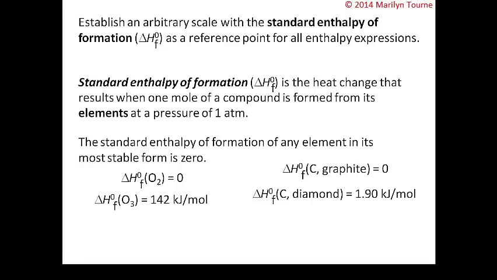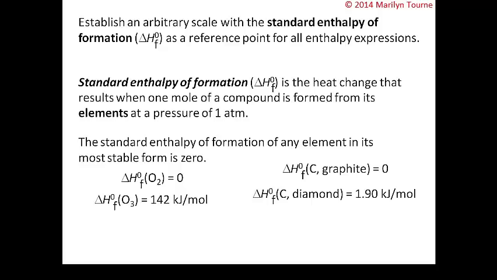The sea level reference point for all the enthalpy expressions in chemistry is called the standard enthalpy of formation. Substances are said to be in their standard state at 1 atm, and hence that's the term that we use, standard enthalpy. The superscript little circle represents the standard conditions at 1 atm, and the subscript f stands for formation.